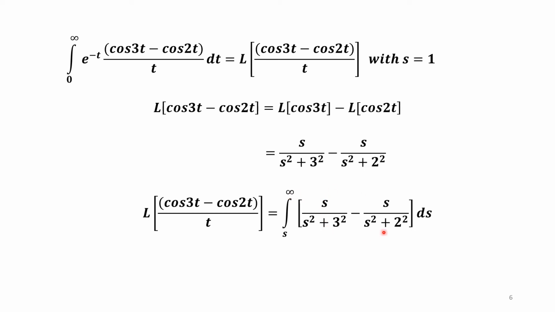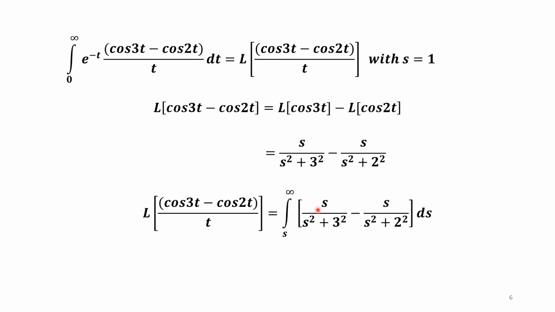Now both these integrals are in the form f dash of x upon f of x dx. That means when we have the derivative of the denominator in the numerator, then we can write log of the denominator. But the derivative of the denominator in both the functions is 2s. But this 2 is missing.